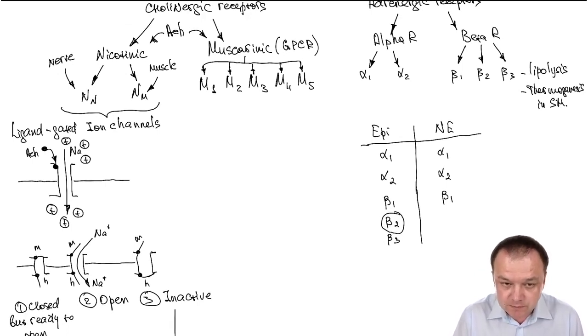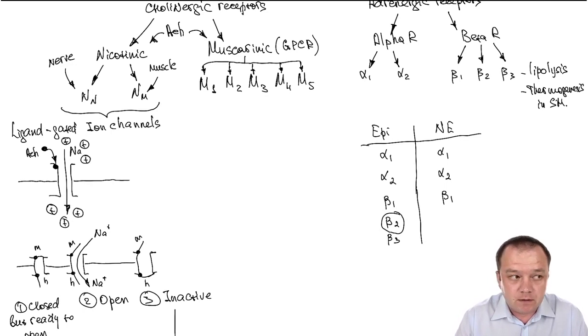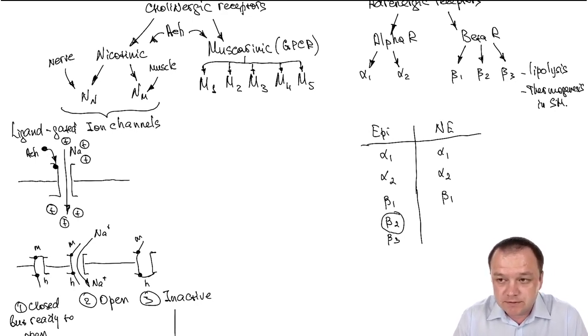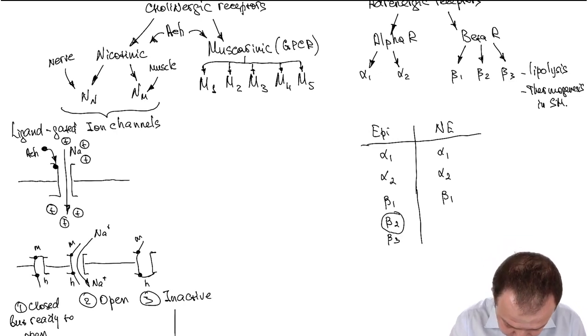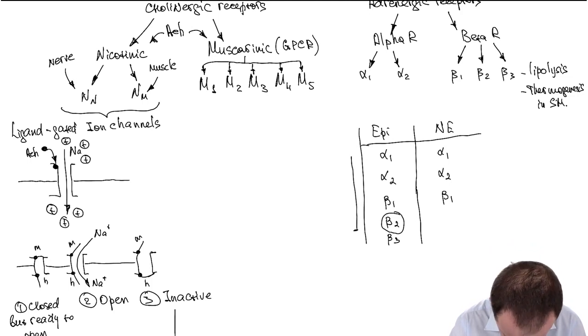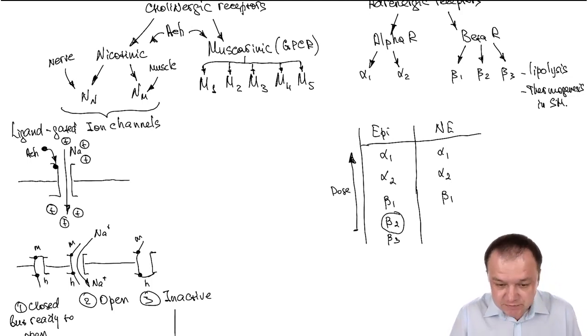And this is important for vasorelaxation and for relaxation of smooth muscles, because through beta 2 adrenergic receptors we have mediation of this process. As the dosage of epinephrine rises, it produces action on alpha 1 receptors.